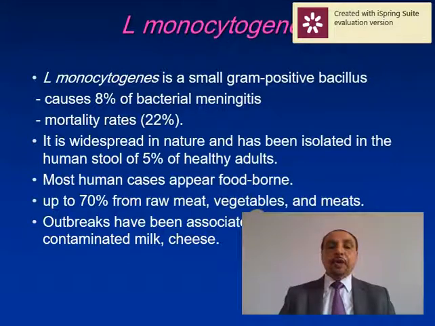Most of the human cases appear foodborne, meaning the transmission is through food, and this is an important point, especially in adults. Up to 70% is from raw meat, vegetables, and other foods that can cause this meningitis.